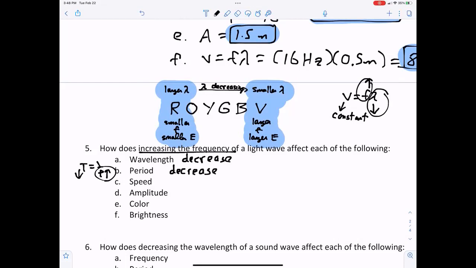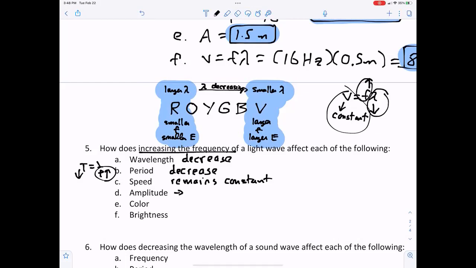The speed. How does increasing the frequency affect it? Increasing the frequency means you're going from a redder color to a more bluish violet color, right? So what is increasing the frequency going to do with the speed? Well, the speed remains constant. Okay.